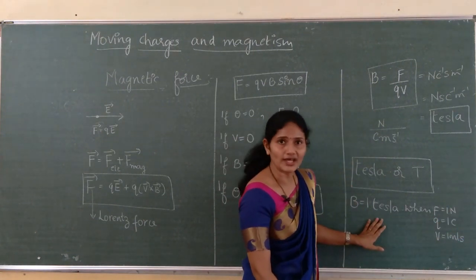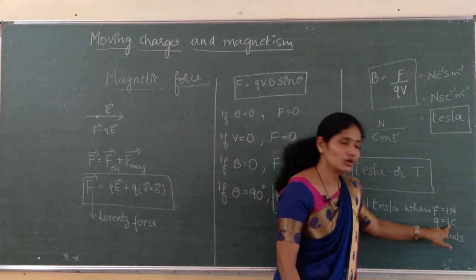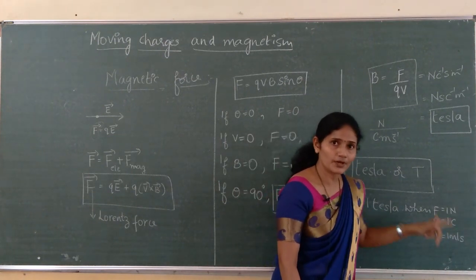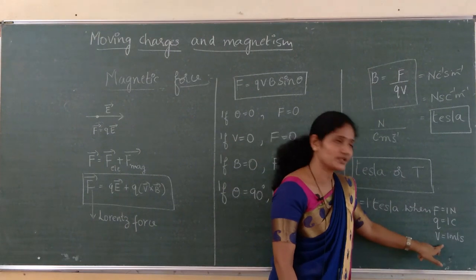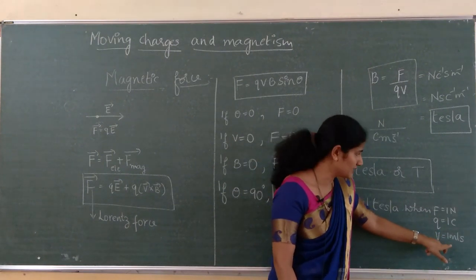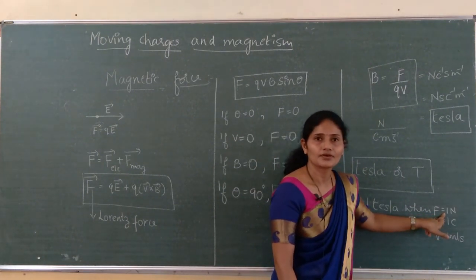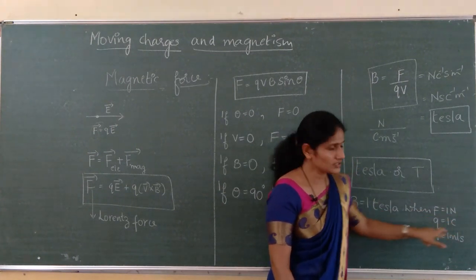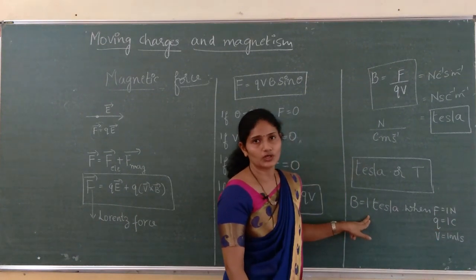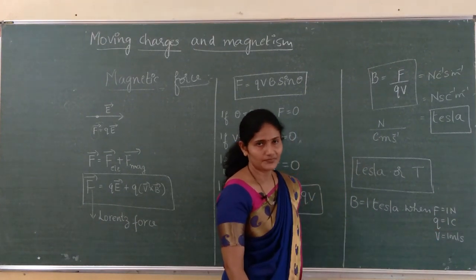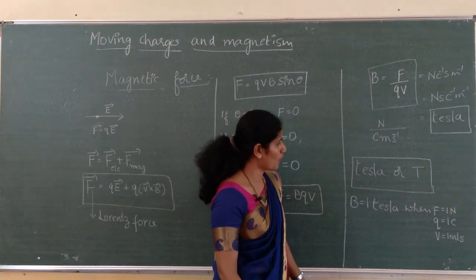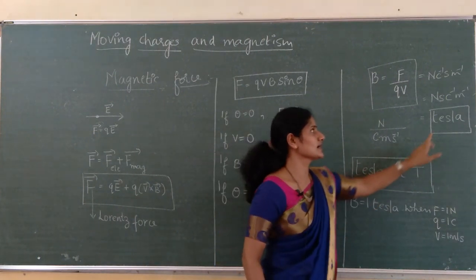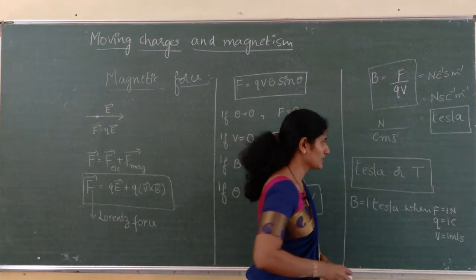B is equal to 1 Tesla when a 1 Coulomb charge moves perpendicular to the magnetic field with the velocity 1 meter per second and experiences a force of 1 Newton, and the SI unit of magnetic field is Tesla or T.